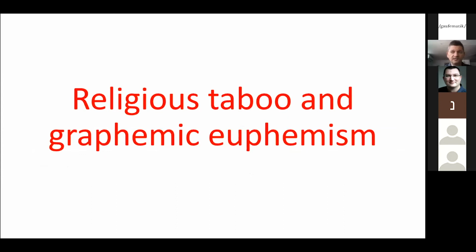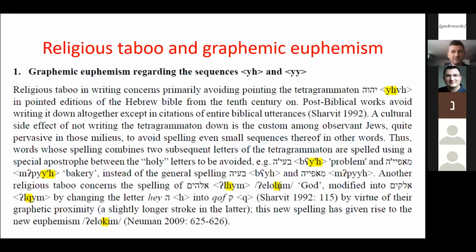Religious taboo is also part of both language and spelling. We all remember Monty Python's Jehovah, Jehovah, Jehovah, because this is the only word which you're not supposed to say, because it's sacred. Well, graphics is also subject to some taboo if we consider the tetragrammaton, which consists of 4 letters, a 4-letter word which you shouldn't say, but which is not the usual 4-letter word.